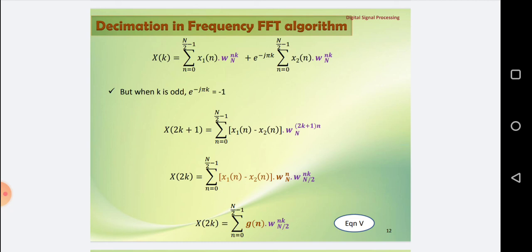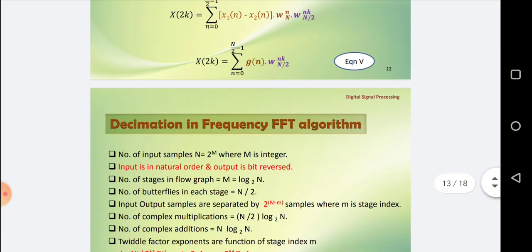Simplifying, we will get, in bracket, x1 of n minus x2 of n omega n of n, omega n by 2 nk. So this is equal to x of 2k plus 1 equal to summation n equals 0 to n by 2 minus 1 g of n omega n by 2 nk, where g of n equals x1 of n minus x2 of n bracket multiplied by omega n of n.